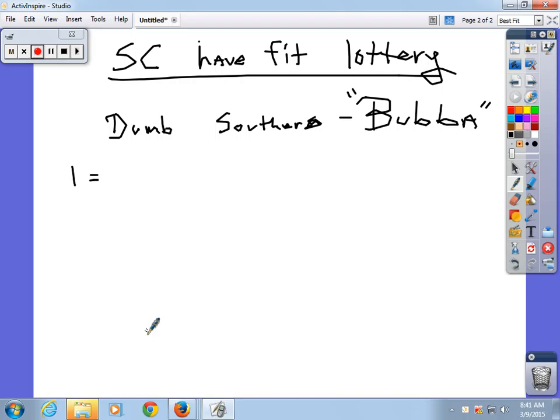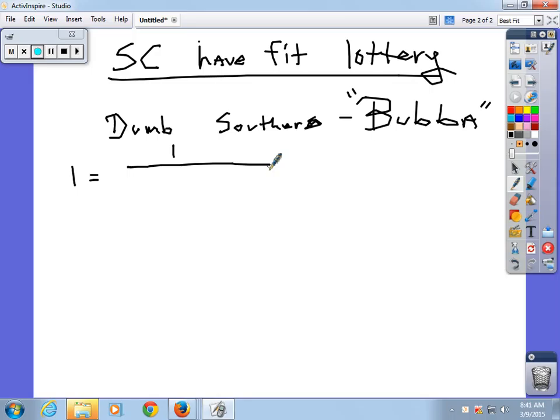So we're going to set up, how many tickets does he buy? 1. Very important. If you don't put that 1 on the top, your answer will be 100% wrong. Because in order to win the lottery, you have to play the lottery. You have to buy a ticket.